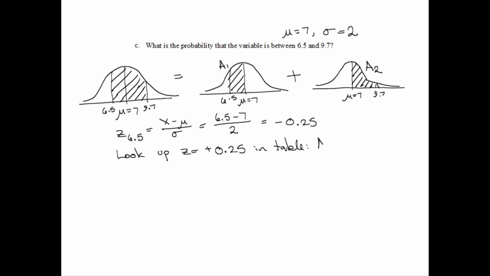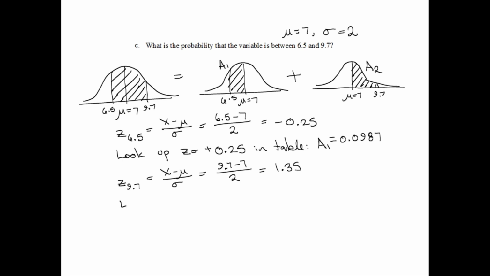So here my area in my table turns out to be 0.0987. Now, before we look up the next one, let's calculate the z-score for 9.7. So we do 9.7 minus 7 all over 2, and that gives me a z-score of 1.35.